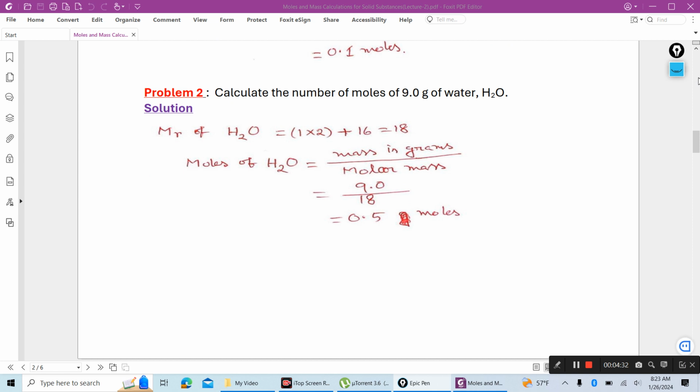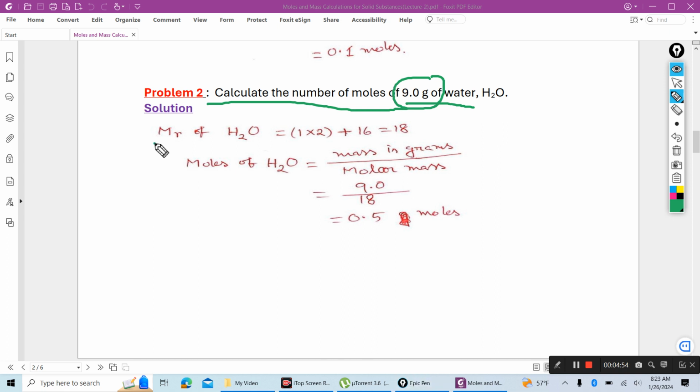Now problem 2. Calculate the number of moles of 9 gram of water. Here also water mass is given. First MR, relative molecular mass of water. Here 2 hydrogen, 1 times 2, plus 1 oxygen, 16.